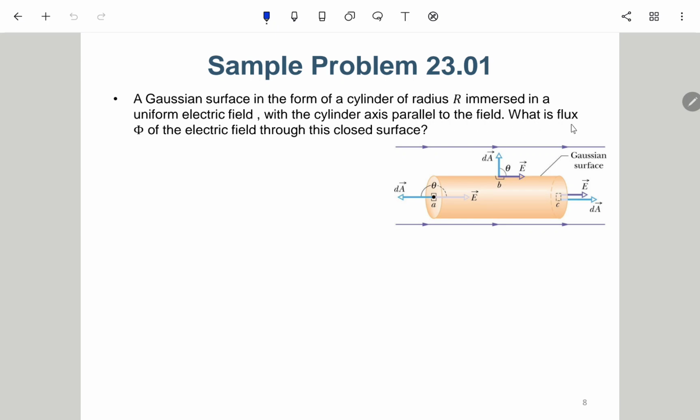What is the flux phi of the electric field through this closed surface? It talks about the axis of the cylinder.